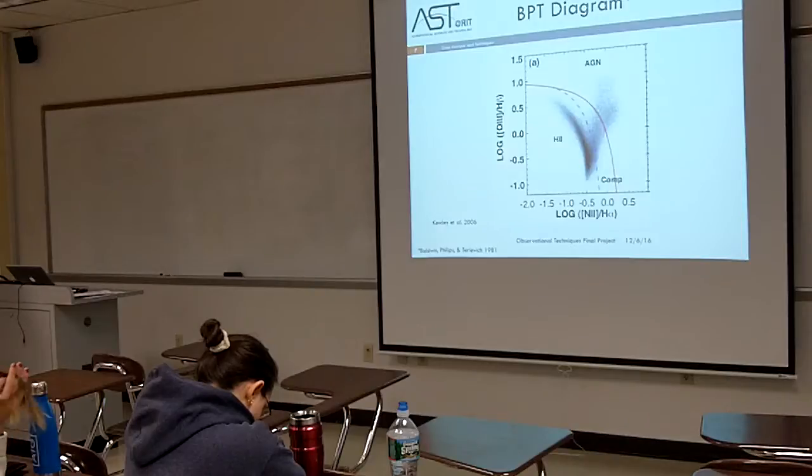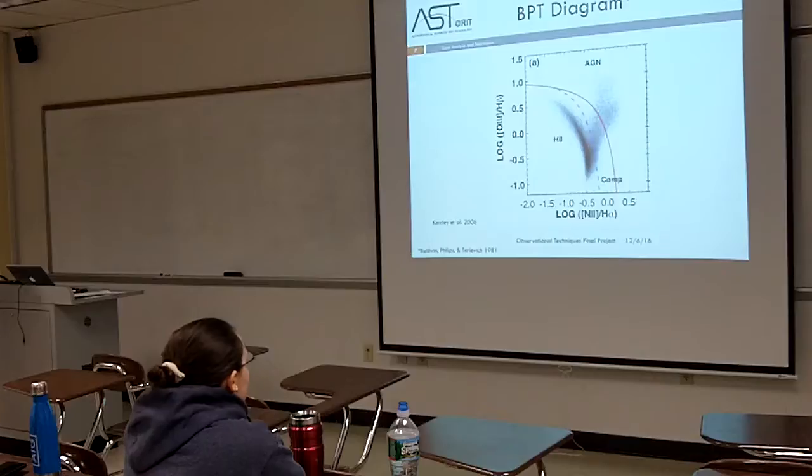So it looks to me that in the upper part of that branch there is less nitrogen 2 as compared to H alpha. It's like either the H alpha is getting bigger or the nitrogen 2 is getting smaller, or it could be both, going from the bottom to the top of the curve.